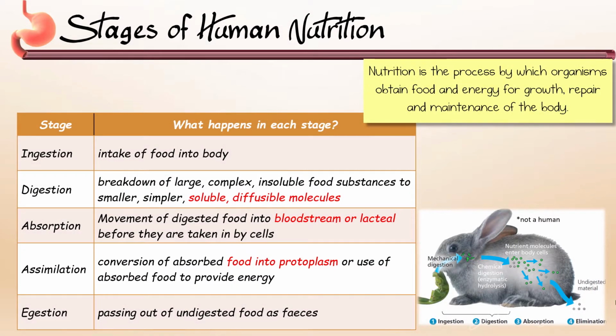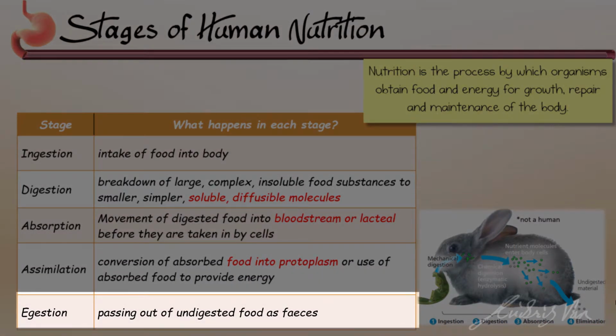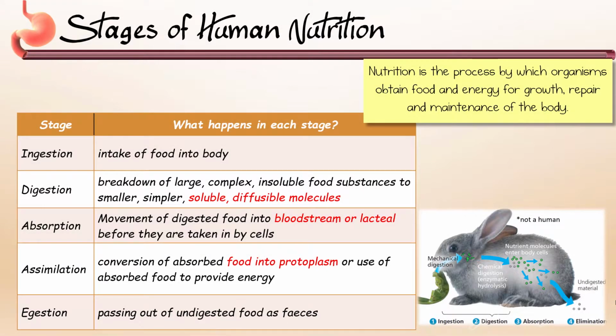And the last stage, the undigested food doesn't get assimilated into our body, so it's not really nutrition, if you ask me. So let us get started with the different forms of digestion.